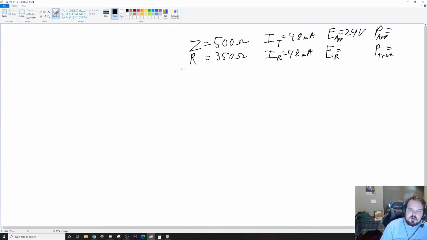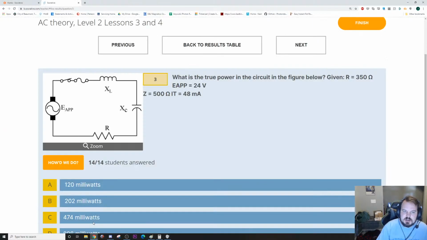Do we care what X of L and X of C are? No. We actually don't have a way to find what they are as far as I can tell.